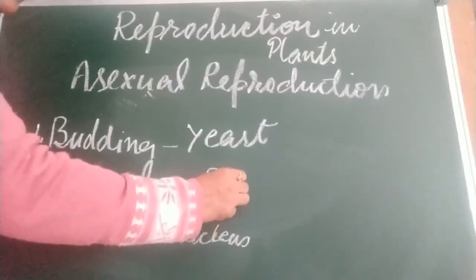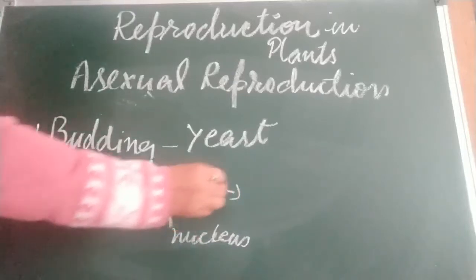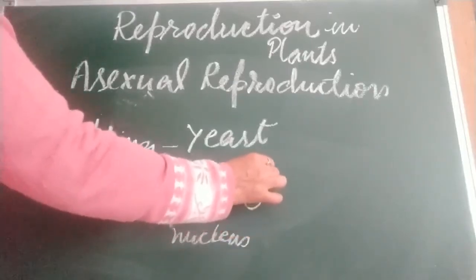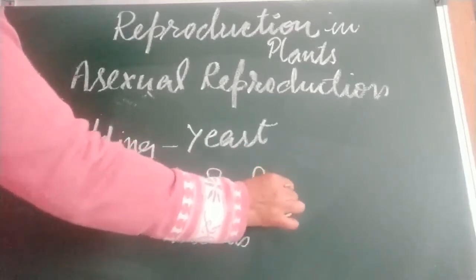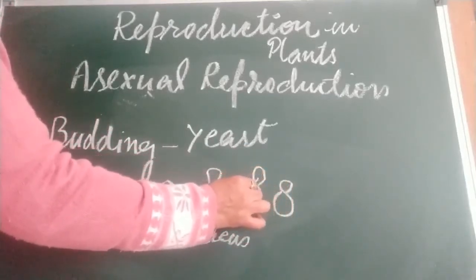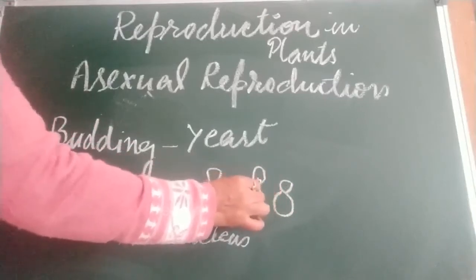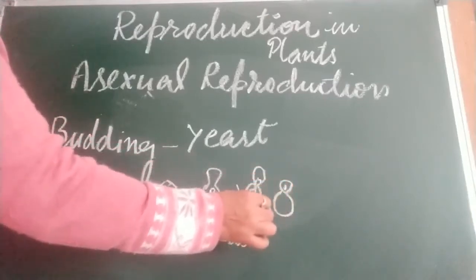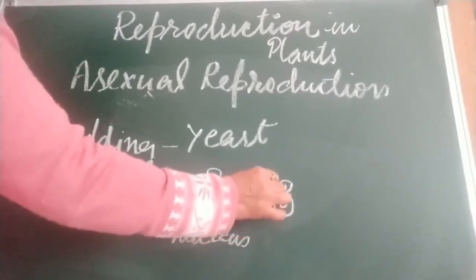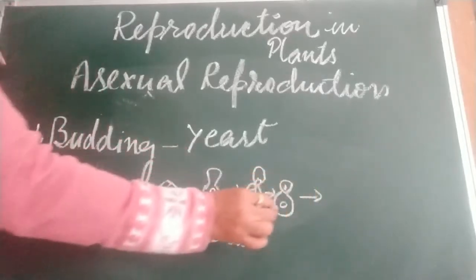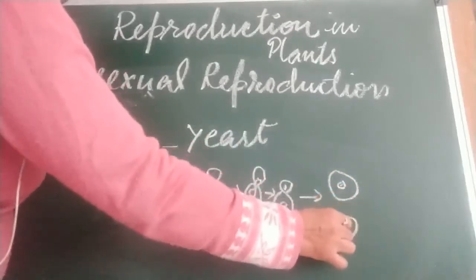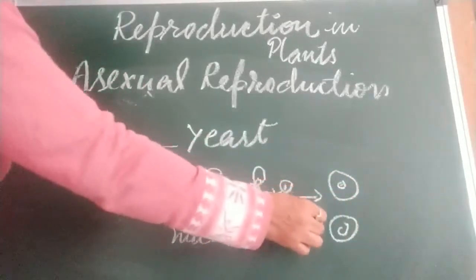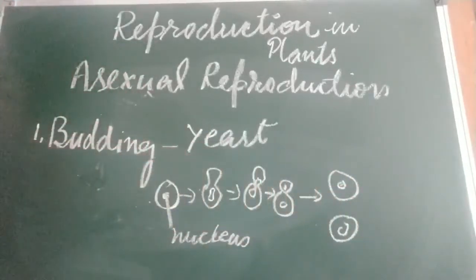What happened in 2-3 stages, and the last stage is what? This nucleus also elongates, and half of the nucleus goes there and half is here, and two individual yeast are formed. So you have seen from one cell two cells have been formed. So this is what? Asexual reproduction.